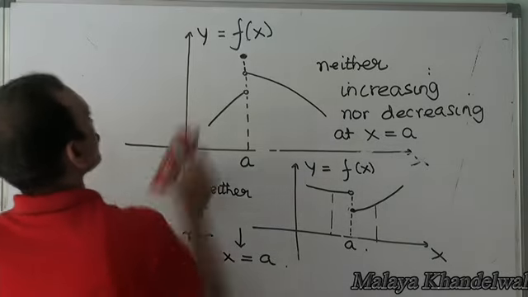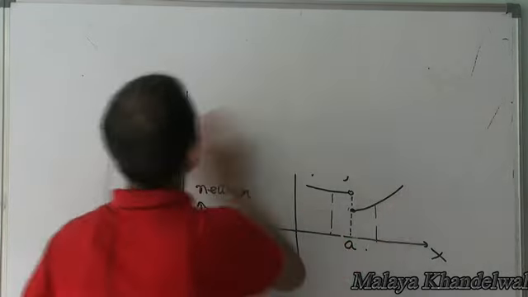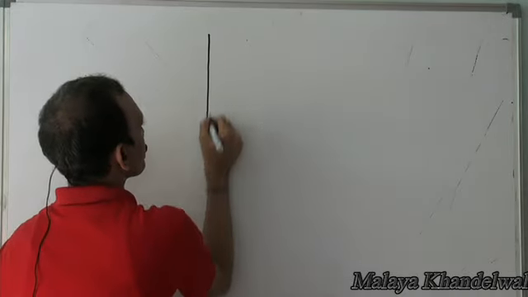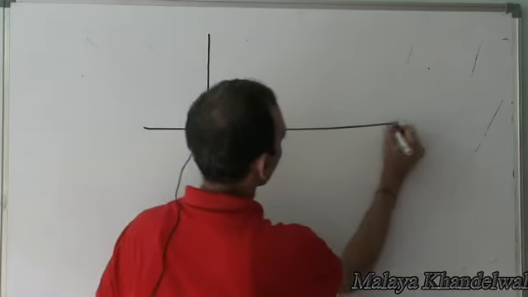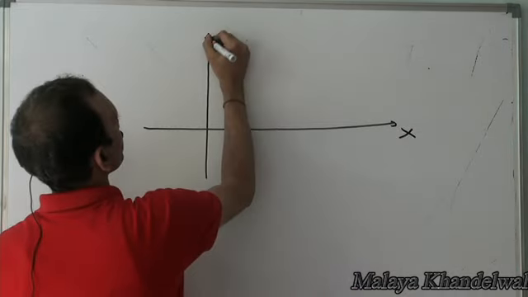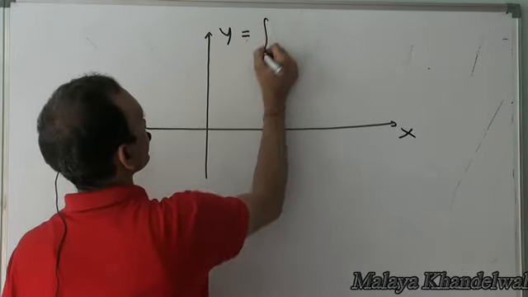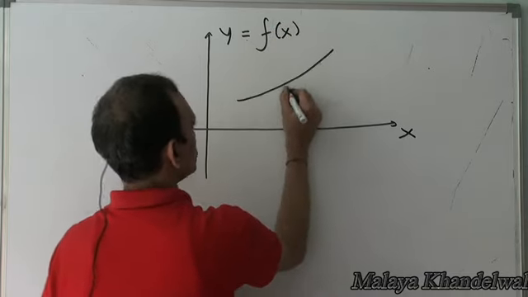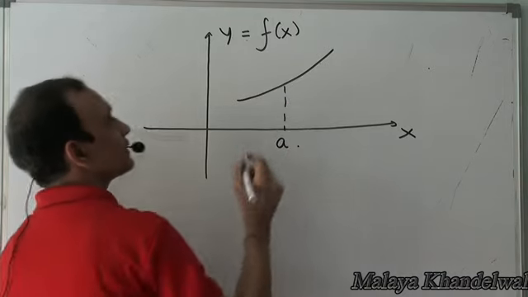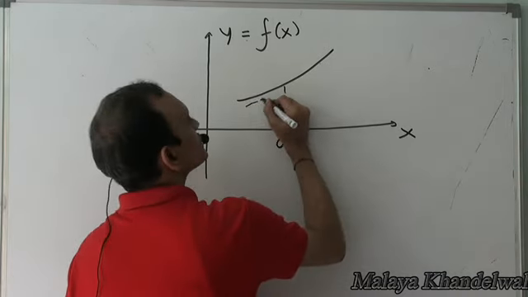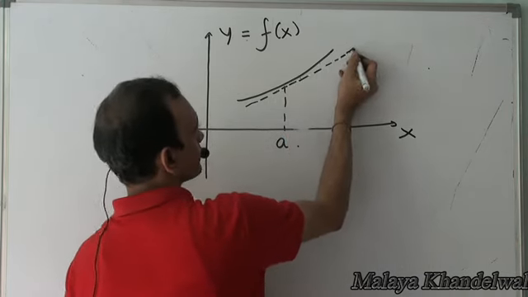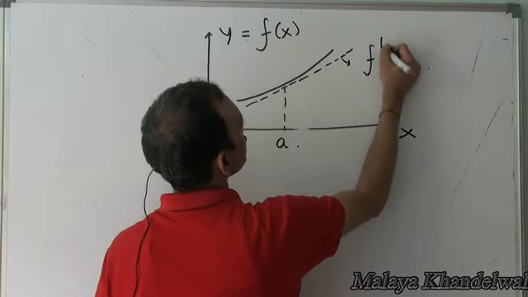Now, if a function is differentiable at a point, say this is x equal to a, the slope of the tangent at x equal to a would be the slope of this line, and f dash stays positive.